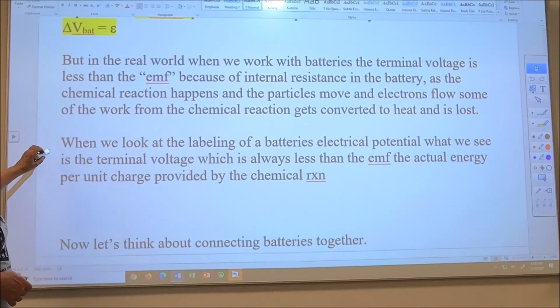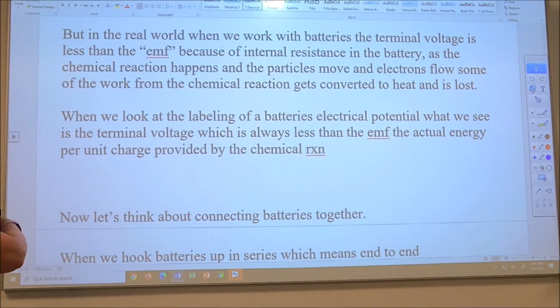When we work with batteries, the terminal voltage is always less than the EMF because the internal resistance of the battery takes some of the chemical energy and converts it into heat, and it's lost. So when we're labeling a battery's electrical potential, what we see is the terminal voltage. This is always less than the EMF per unit charge.